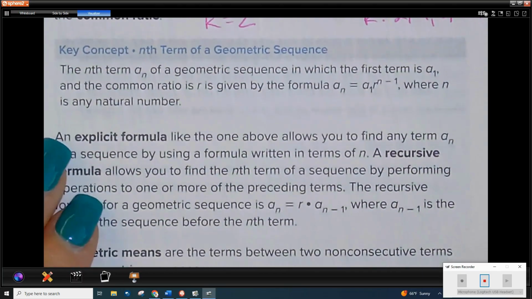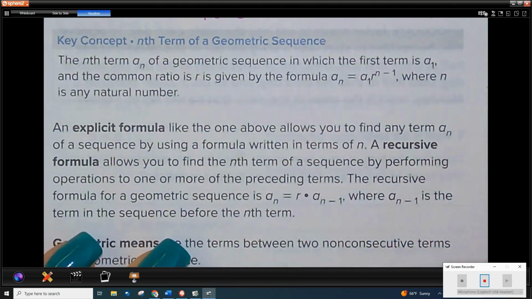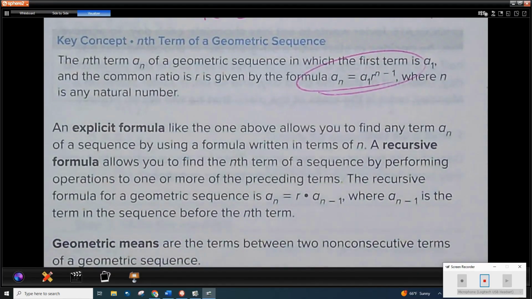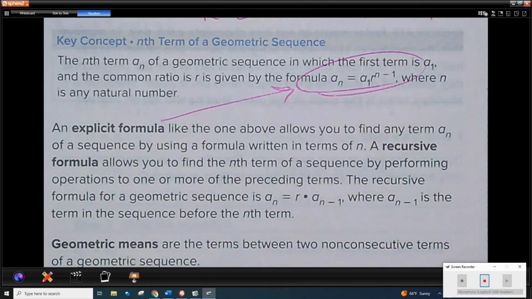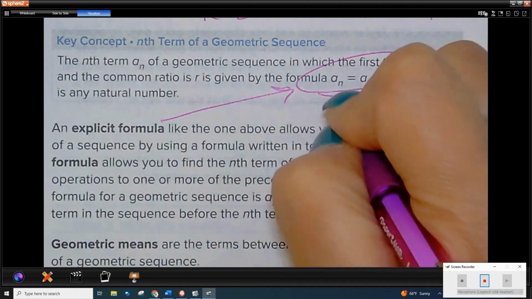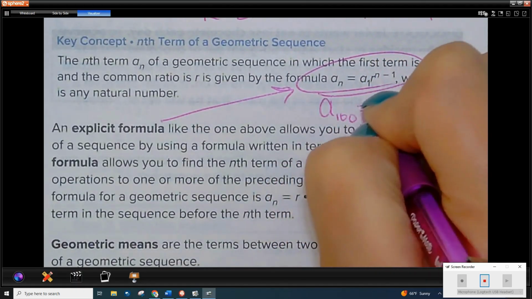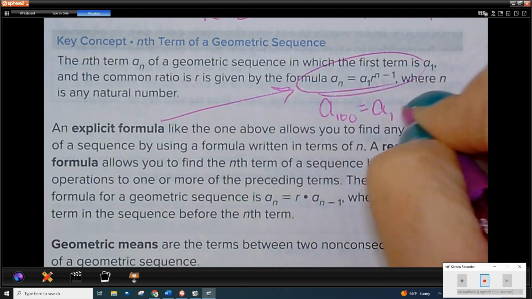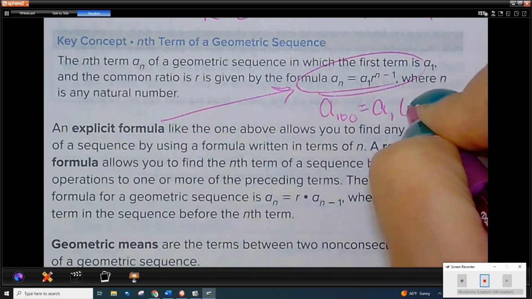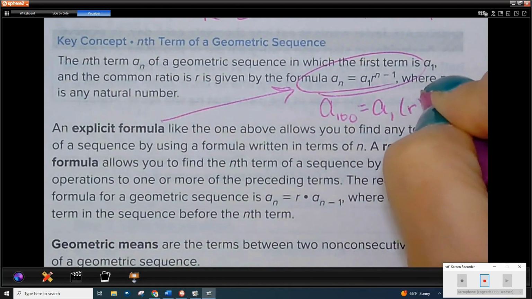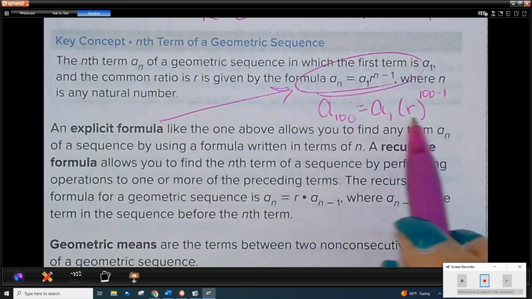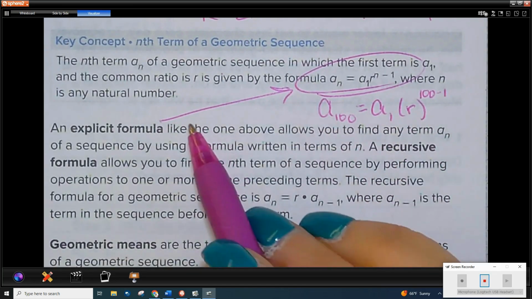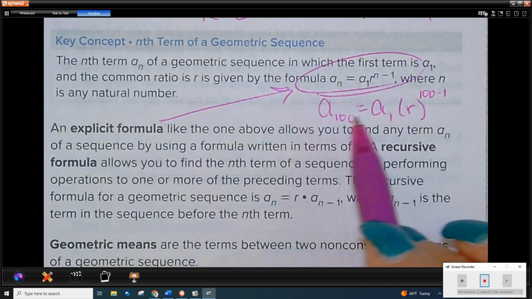A geometric sequence is this formula. So this is the explicit formula, which I'm going to put an arrow right there, which means if I want the 100th term, I get my first number, my ratio or my rate, and then in the exponent I do 100 minus 1. N is 100 in this case. Explicit means I could pick any term of the whole thing.